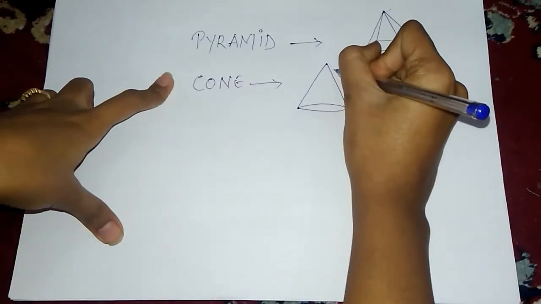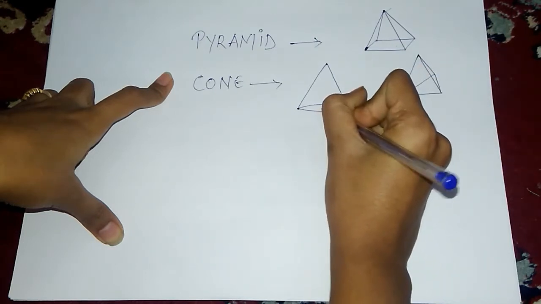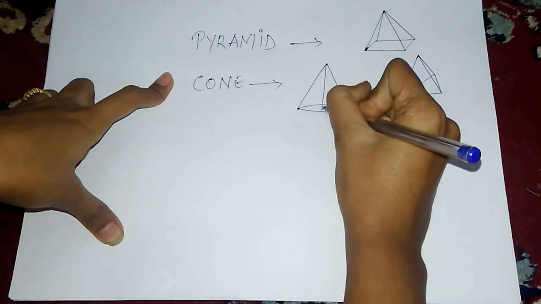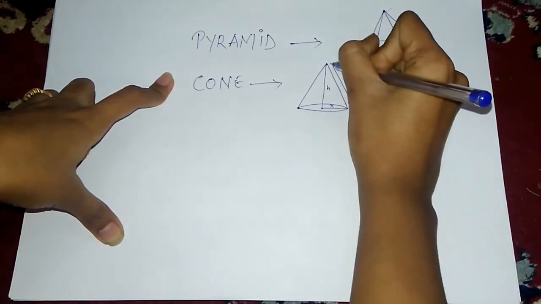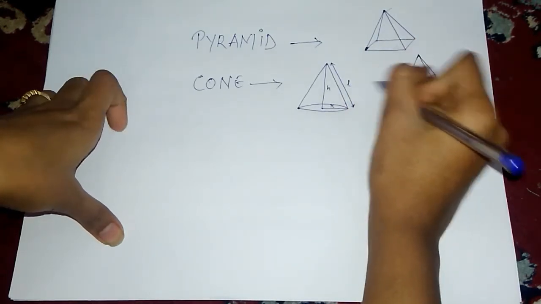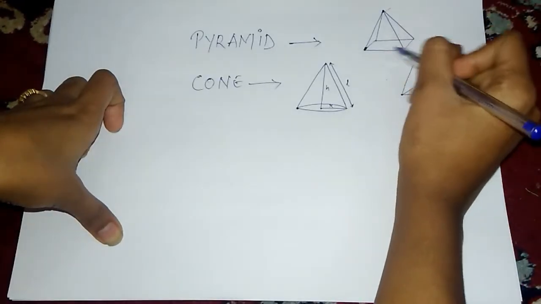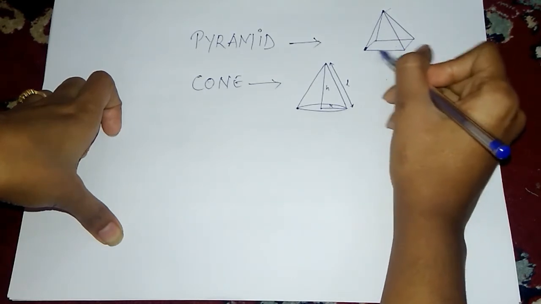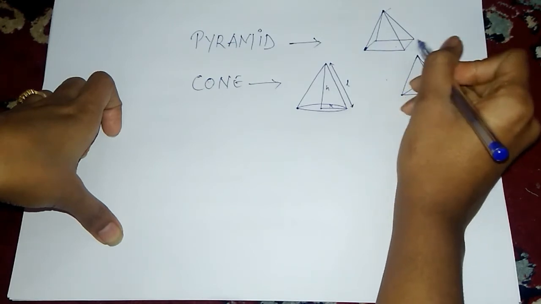Okay. So in cone there is a slant height, there is a radius, this is the height, and this height which is slanting is the slant height, which is denoted by L. Okay, similarly in a pyramid also there is a slant height, there is a height, and there is a base which is the side of the surface.